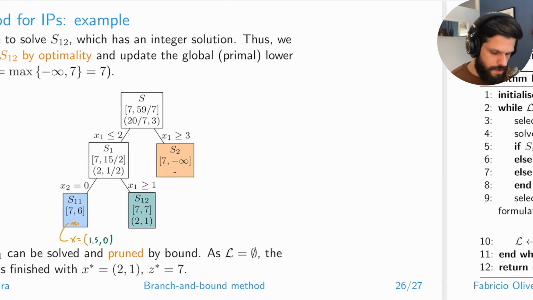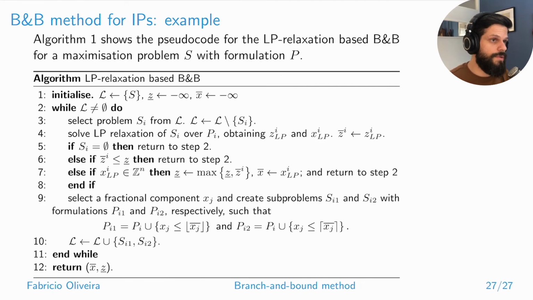So here, to wrap up, is a pseudocode of what would be an LP relaxation branch and bound. We are assuming that we're solving this problem S that has a formulation P formed by a collection of linear constraints. So we start by initializing the list with the original relaxation, and we say that our lower bound is minus infinity, and we have a solution.